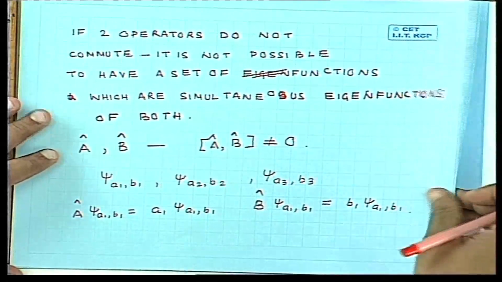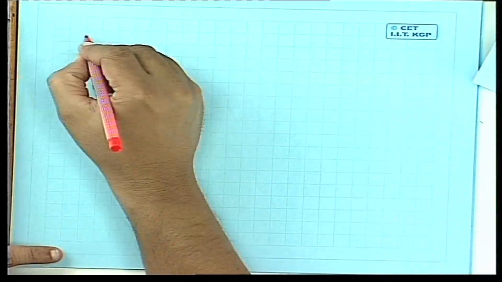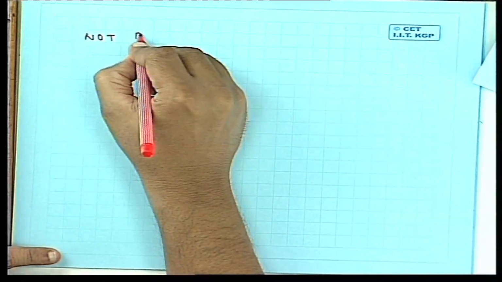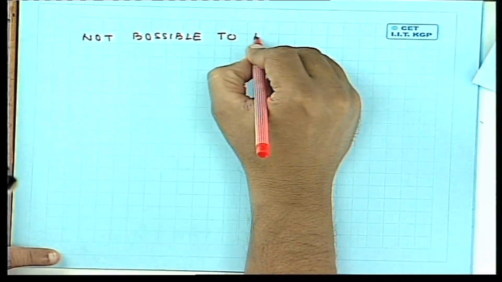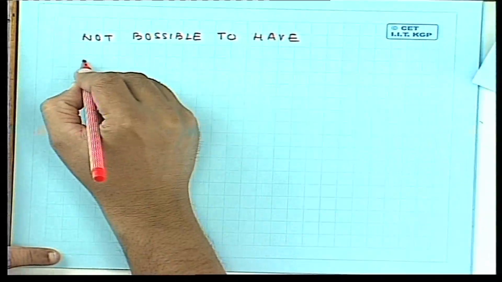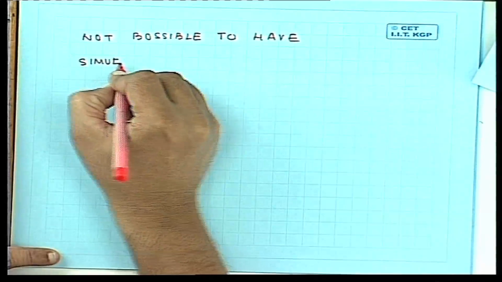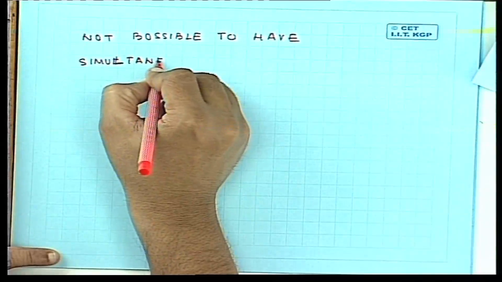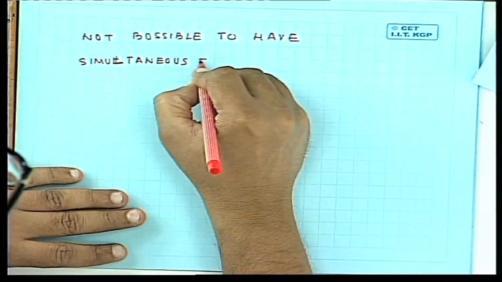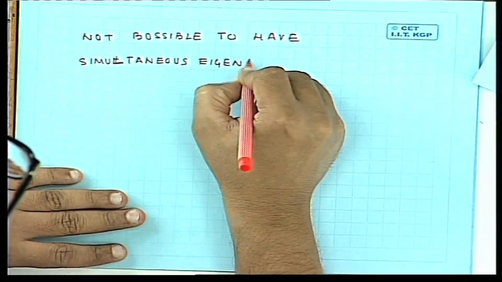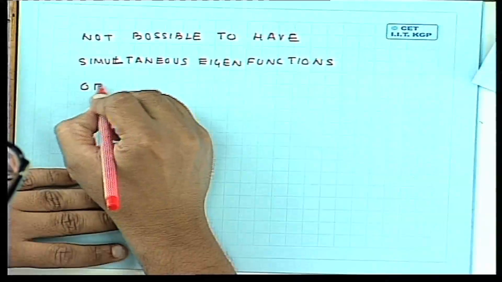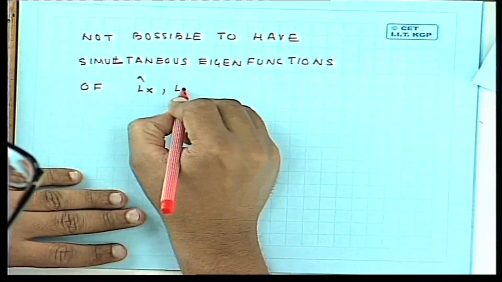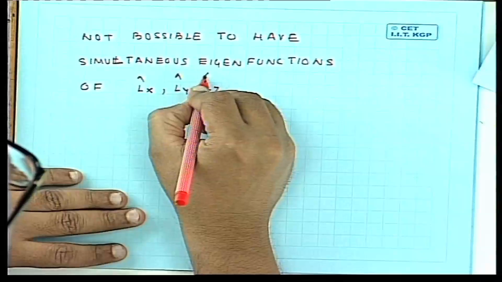So what this implies is that it is not possible to have simultaneous eigenfunctions of Lx, Ly, Lz.